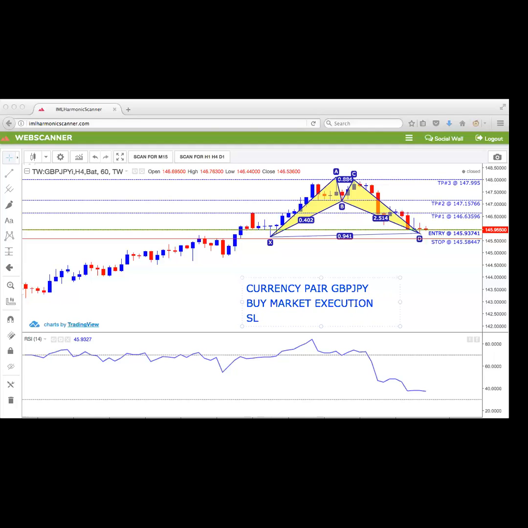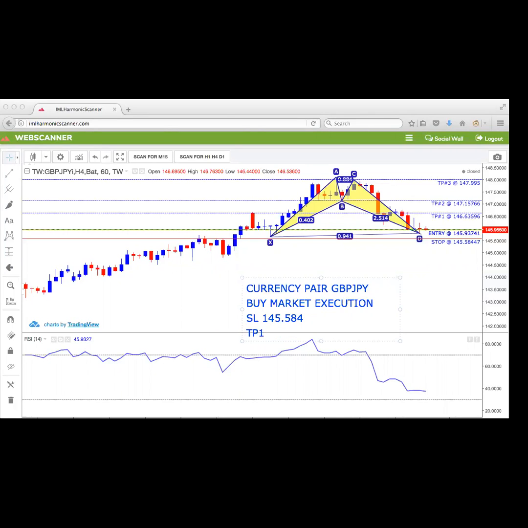What is our stop loss? It's stop at 145.584. Yes, that's it, except we're only going to be able to go three spaces past the decimal, the 584.